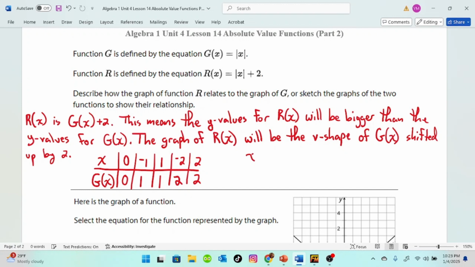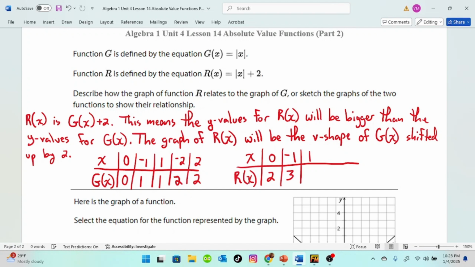Now, if we do the same thing with x and r of x, when x is 0, r of x will be 0 plus 2, which is 2. When x is negative 1, the absolute value of negative 1 is 1, plus 2 is 3.